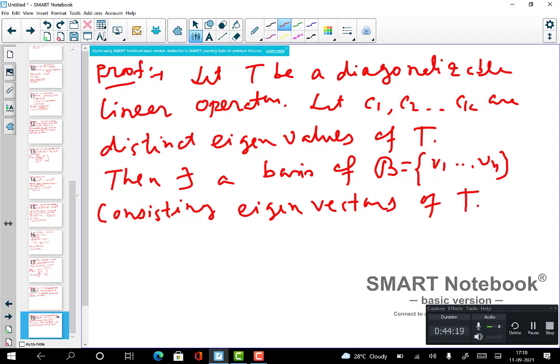I'm using one of the equivalent definitions of diagonalization. So you can find this basis such that these are eigenvectors, right? Now what does that mean?